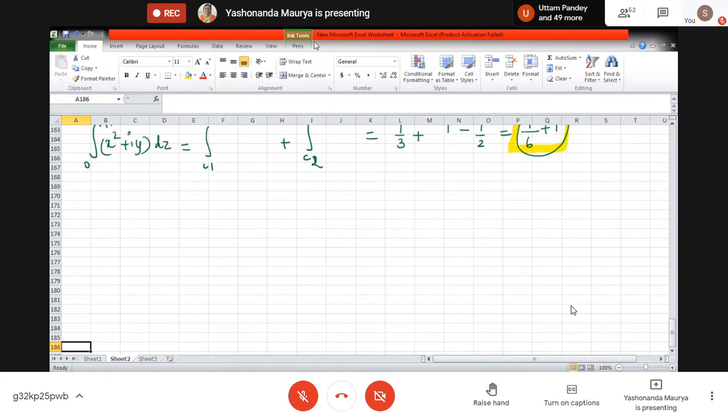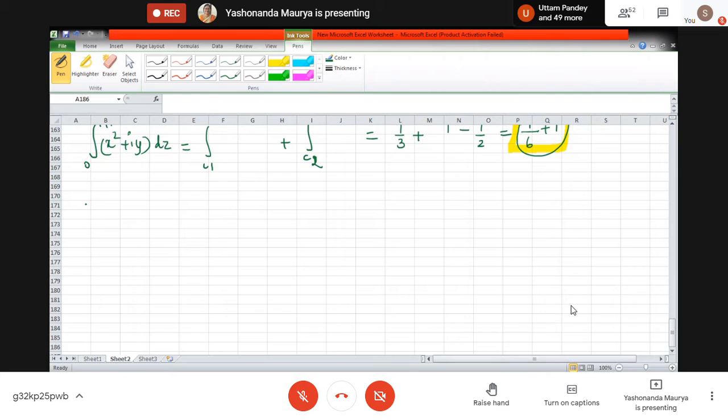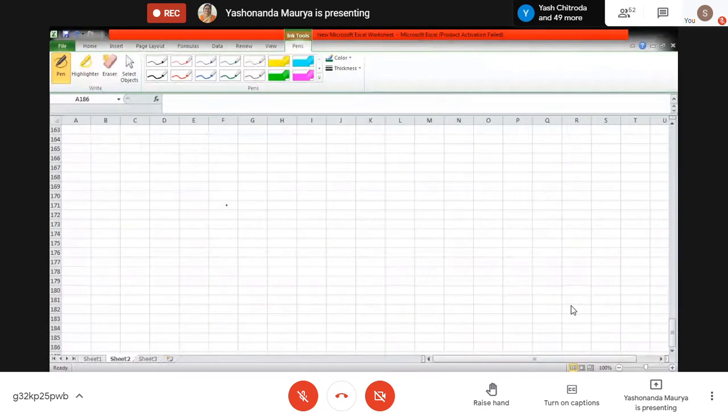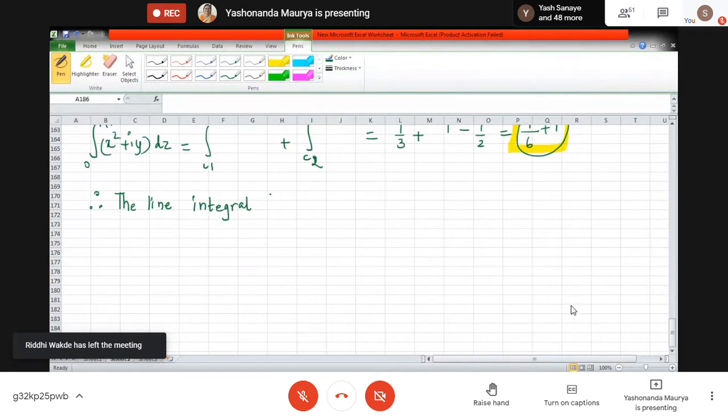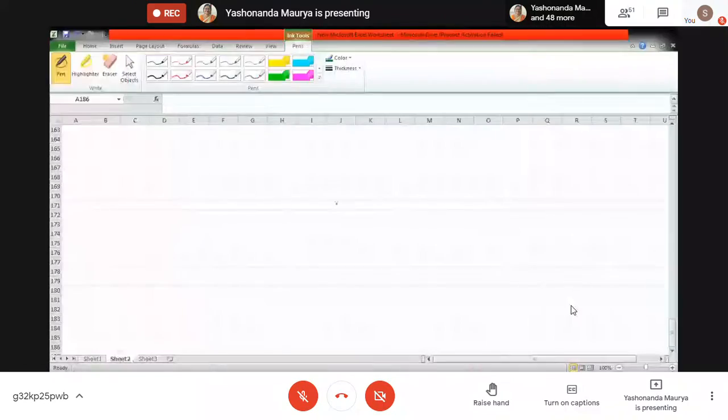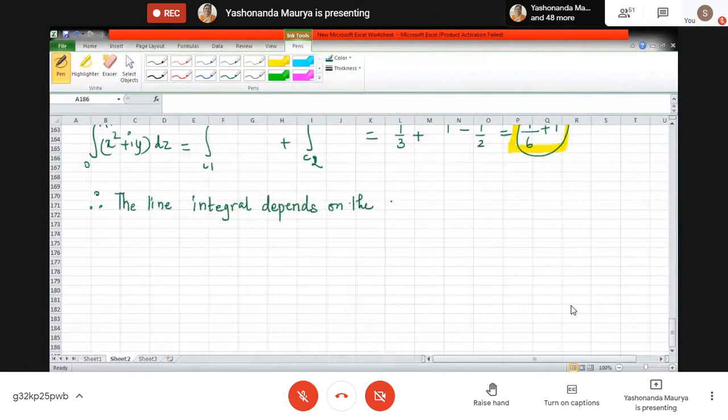Therefore, the line integral depends on the path of integration.